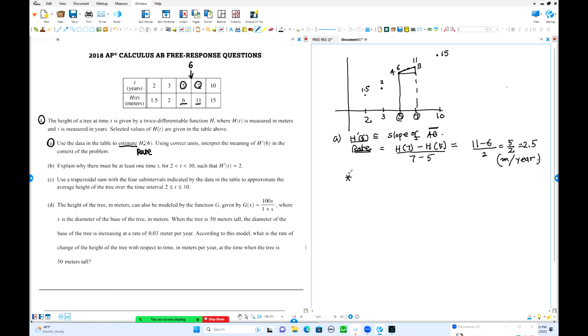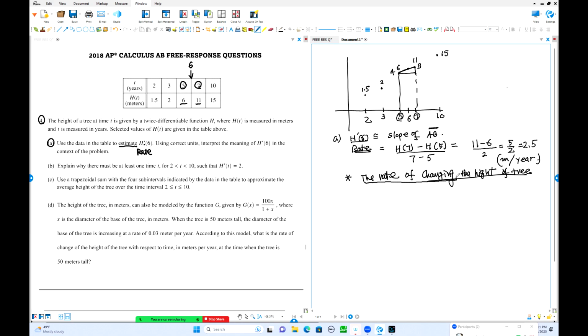This is the rate when t is 6. t is measured in years, so at time t equals 6 years, the rate of change of the height of a tree.